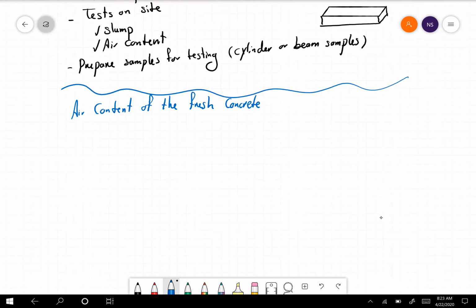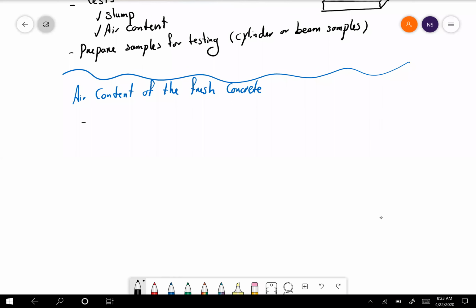What we do is, this test measures total air content, which includes the entrained air content and capillary air content.